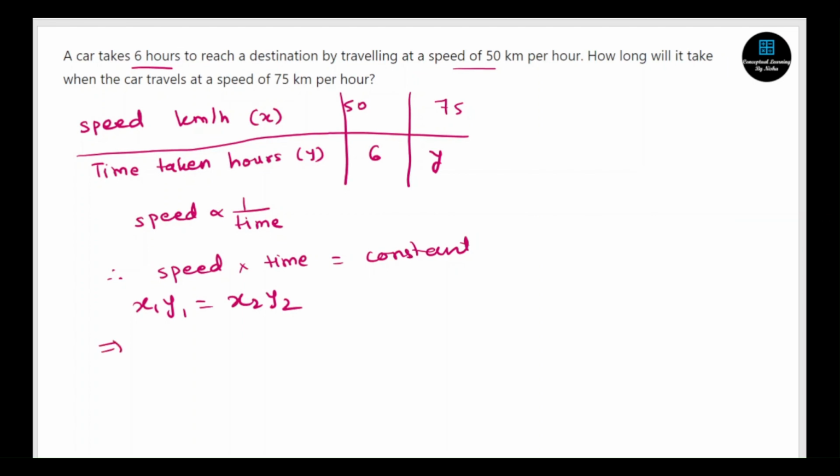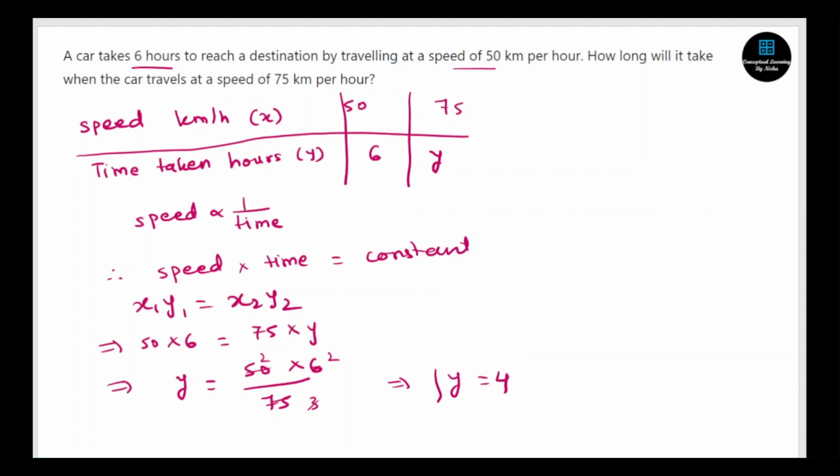Substituting, 50 times 6 equals 75 times y. To find y, I divide both sides by 75. So y equals 50 into 6 upon 75. When I solve this, 25 2s are 50, 25 3s are 75, and 3 2s are 6, and I get y equals 4. Correct? So the time taken is 4 hours.